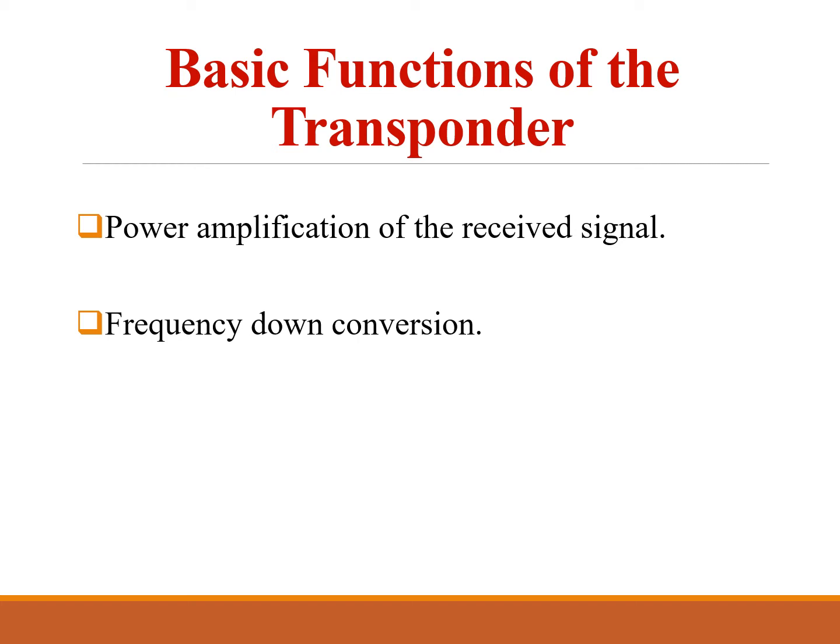So, to avoid mixing of frequencies, uplink and downlink frequencies are separate. And the power amplifier is used to increase the power level of remodulated downlink carrier and then it is transmitted to the ground station. And generally the gain of a typical satellite transponder is around 80 dB to 100 dBs.